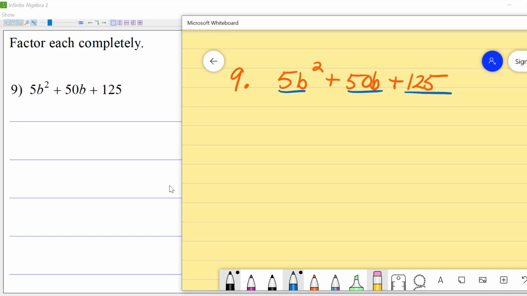What's the GCF, and is the leading term negative? I'm going to repeat it. What's the GCF, and is the leading term or coefficient negative? So this time, the leading coefficient, which is 5, is not negative, so I don't have to worry about negatives. But the GCF is 5.